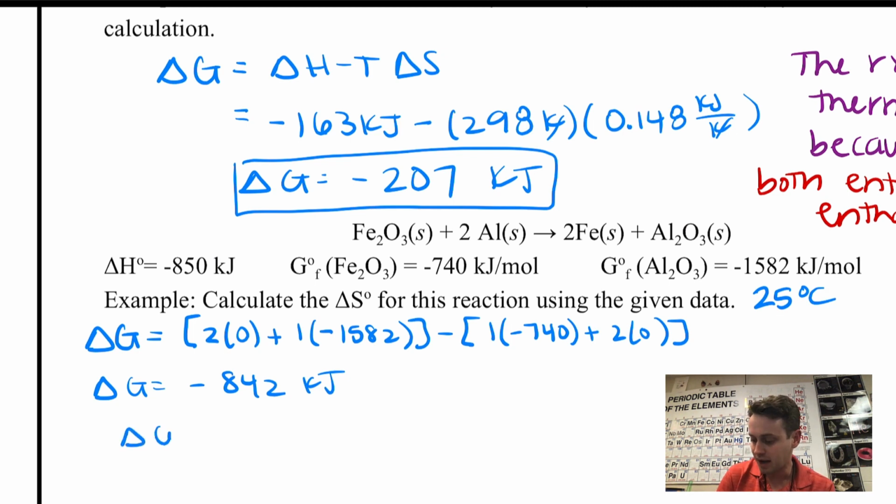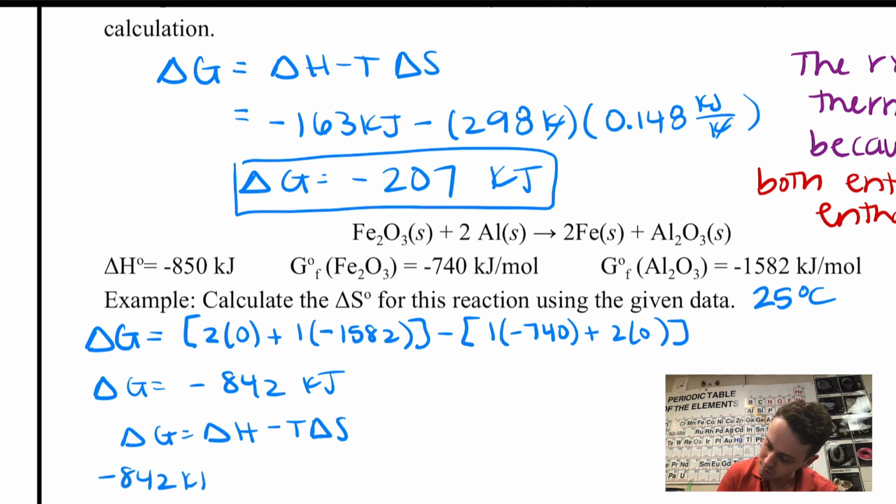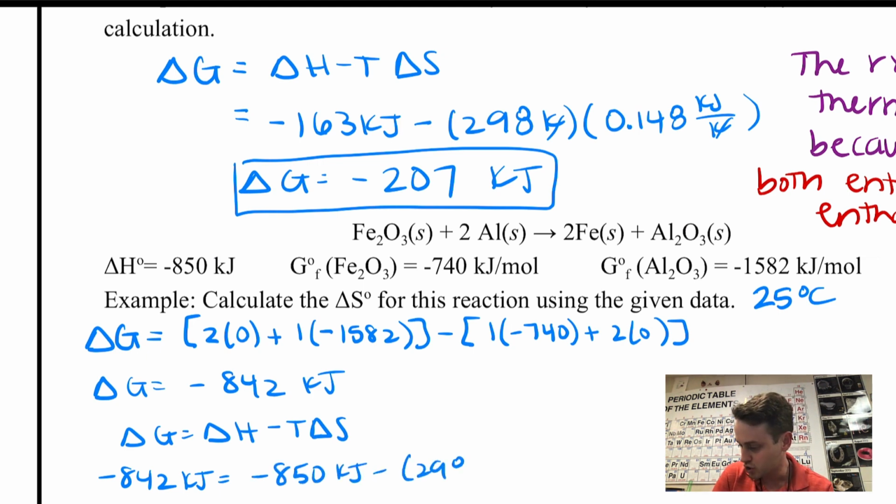At that point, I'm going to use this formula to solve for delta S. So we know delta G. Delta H was given to us in the problem. I told you that the temperature is 25 degrees Celsius or 298 Kelvin.